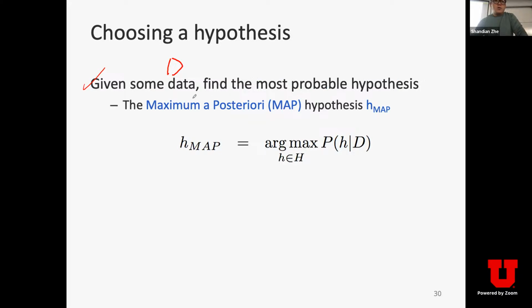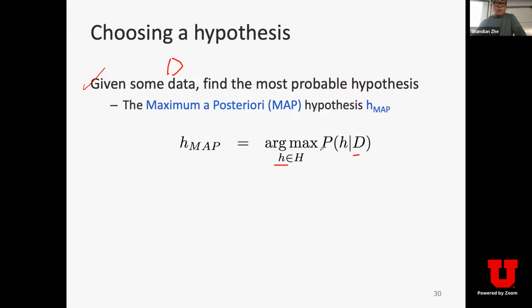In other words, we want to find out which hypothesis has the maximum posterior probability to be the true hypothesis given the data D. To get such a hypothesis, we say we're trying to find a maximum a posteriori estimation. This is called MAP estimation.